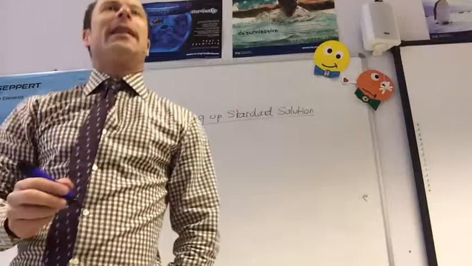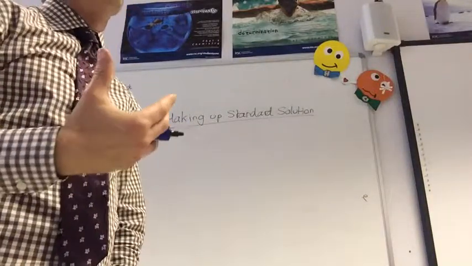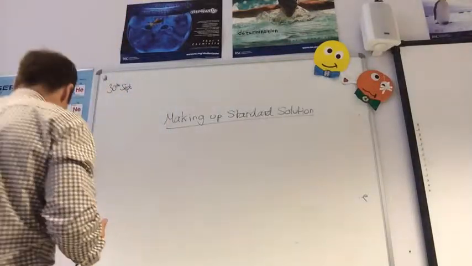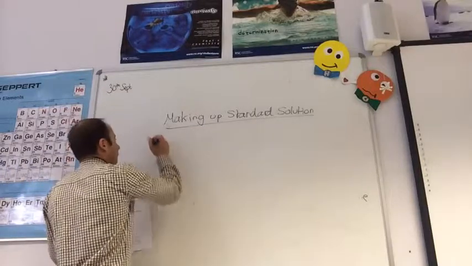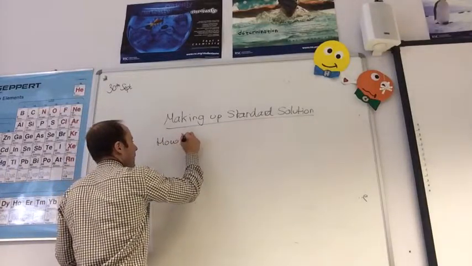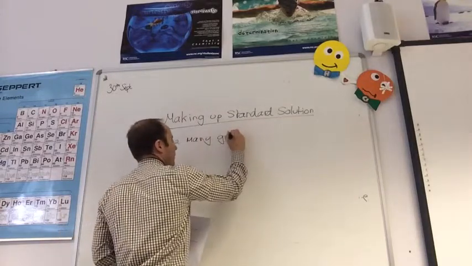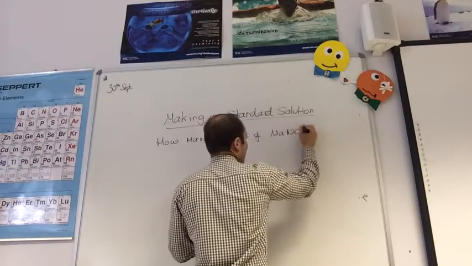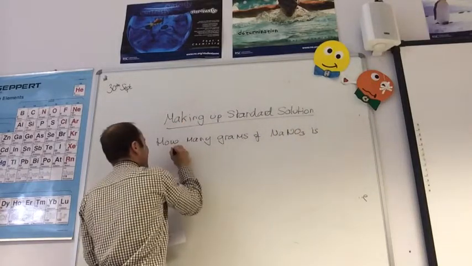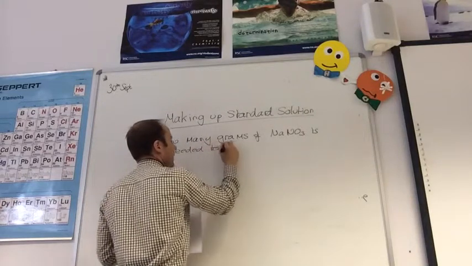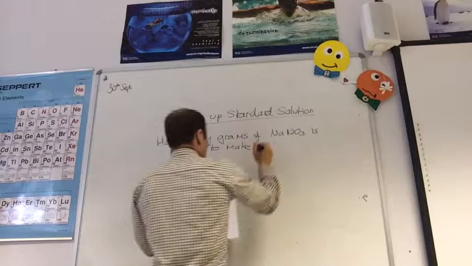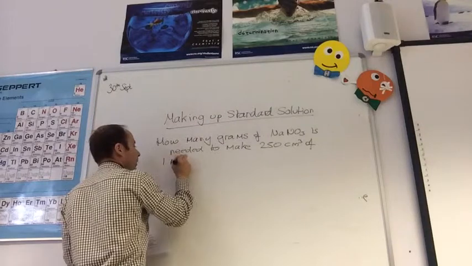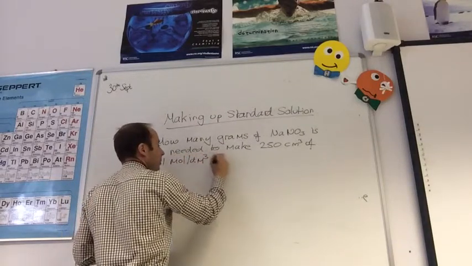Sometimes, particularly in controlled assessments, they'll ask you to make up a standard solution. A standard solution is producing a solution of a set concentration that they'll tell you. So they'll say, how many grams of sodium nitrate are needed to make 250 centimetres cubed of 1 mole per decimetre cubed solution.